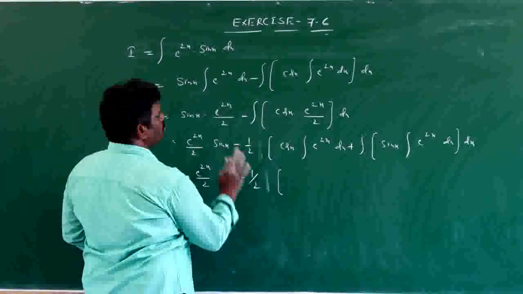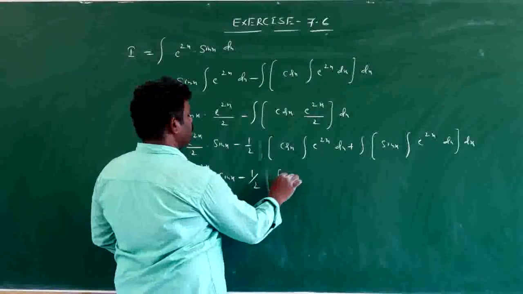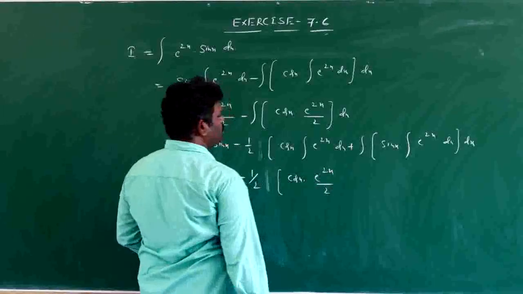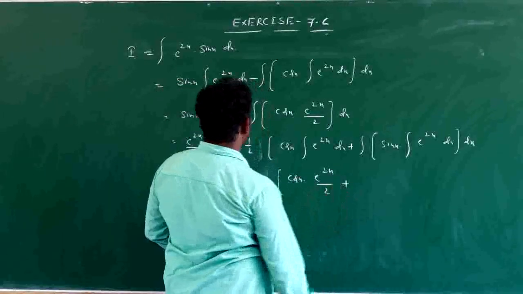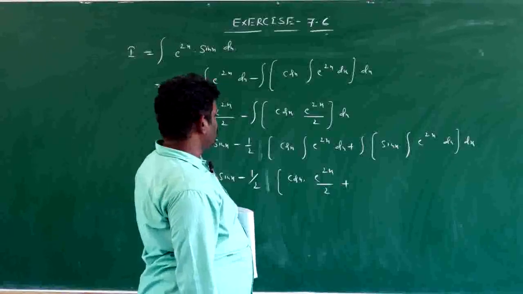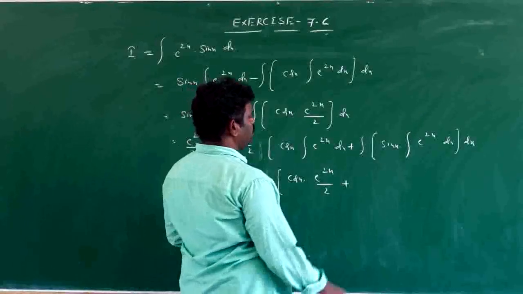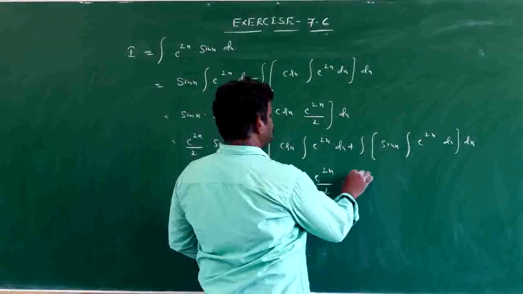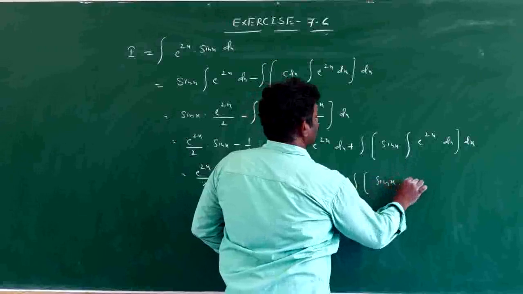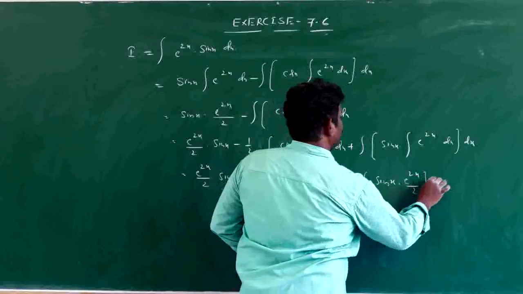here the integral is not required. So of this value, cos x e^(2x) by 2 plus, again, integral of sin x as it is, e^(2x) by 2 into dx.